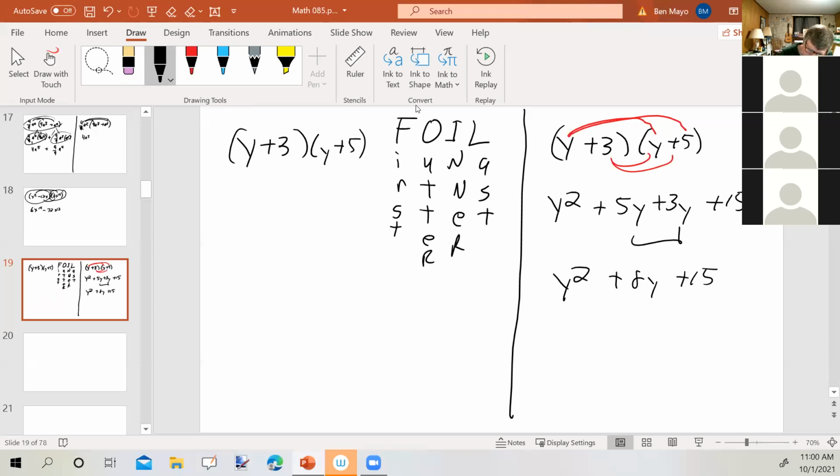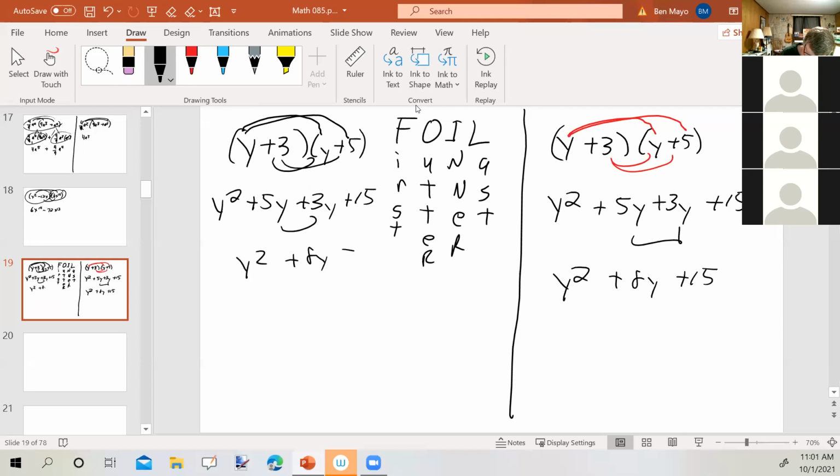The idea being we take the first times the first, then we do the outer two, then we do the inner two, and finally the last two. And then of course, combining like terms at the end. So they call it FOIL. We basically have four products: the first one times the first one there, the first one times the last one, which are the outer ones, then the inner ones, and the last in each binomial factor.